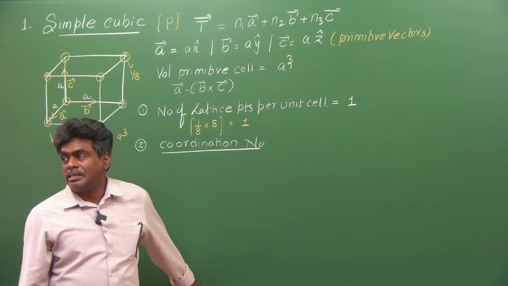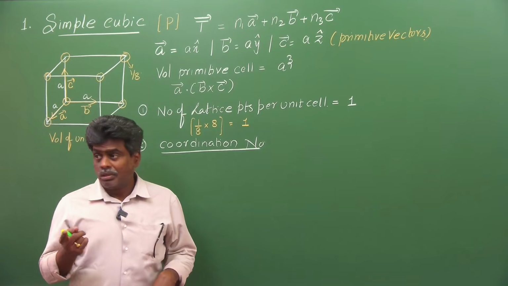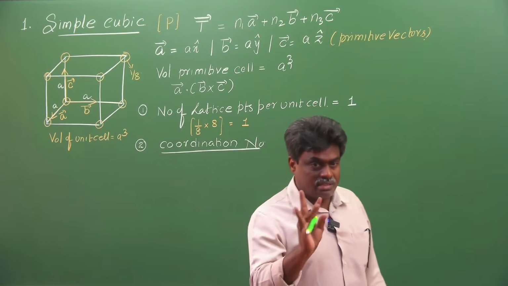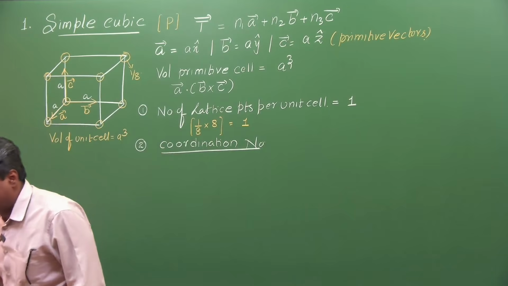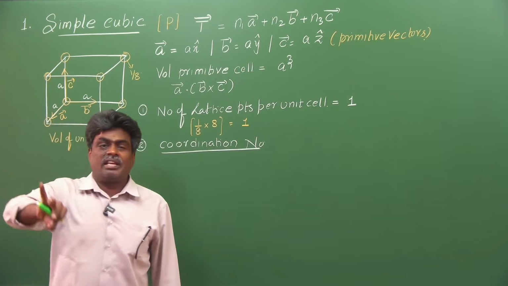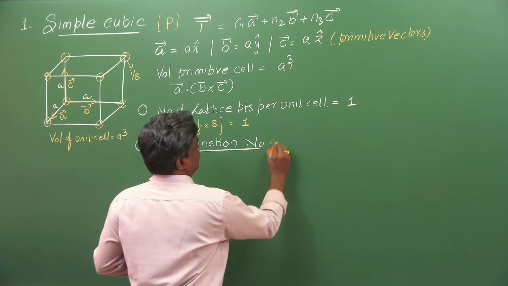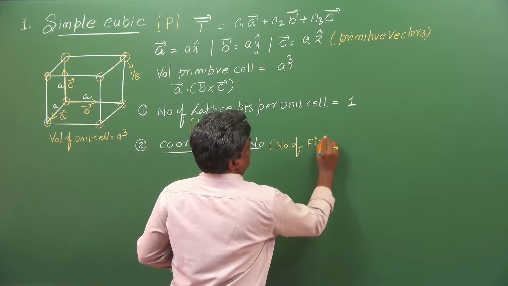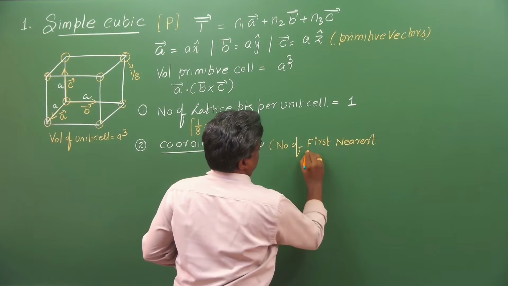That means coordination number means the first nearest neighbors. Don't just say nearest neighbors. There will be many nearest neighbors: first nearest, second nearest, third nearest. Coordination number always stands for the number of first nearest neighbors.